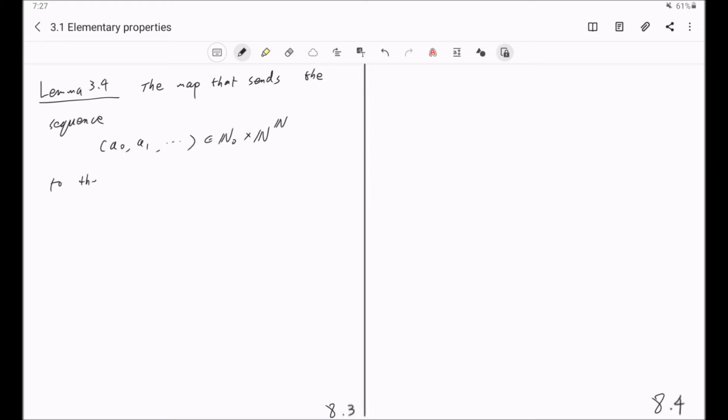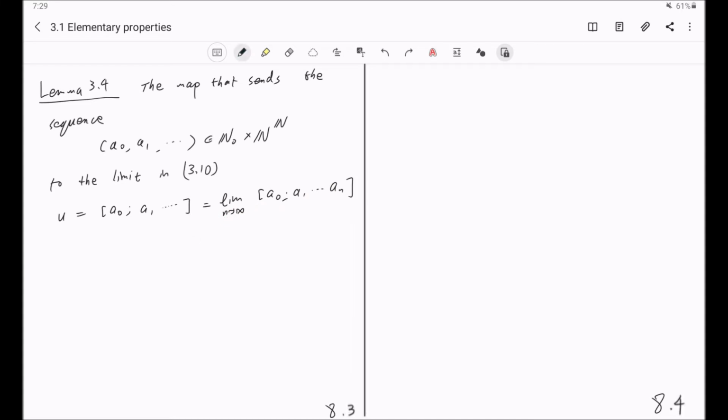To the limit in 3.10, let me recall what 3.10 means. 3.10 means u, which is this infinite continued expansion, which is the limit of such finite continued fractions as n goes to infinity.